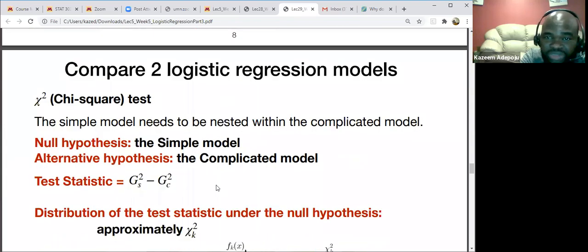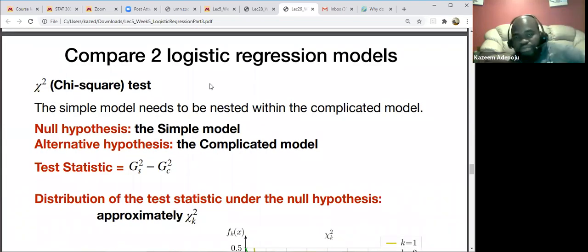The next thing I want to talk about is, how do we compare two logistic regression models? The other time, in the linear regression model, I taught you how you can compare models. In a logistic regression model, how do we compare two logistic regression models? You remember in the linear regression model, we compared an intercept model with another model.